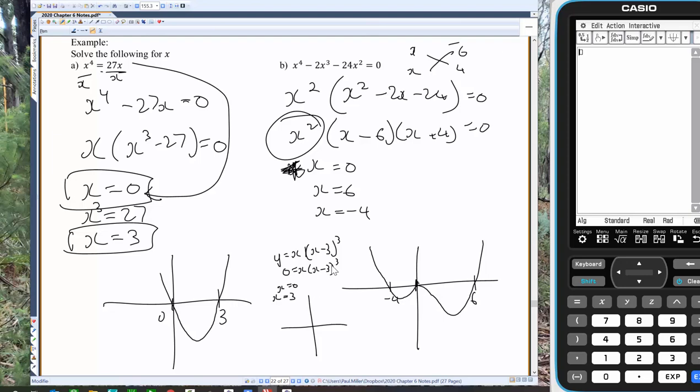In this case, the cubed factor is the unusual one, so it's going to go through 0 and 3, and since it's a positive quartic, it's going to cut through there, come back up through here, and something special is going to happen here. Because it's cubed, it's going to have that inflection point there, rather than, say, the squared one earlier, which has the bounce. So that's what a cubed factor will do on a graph: it's going to inflect.